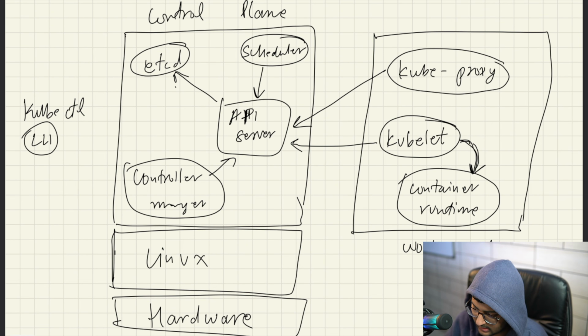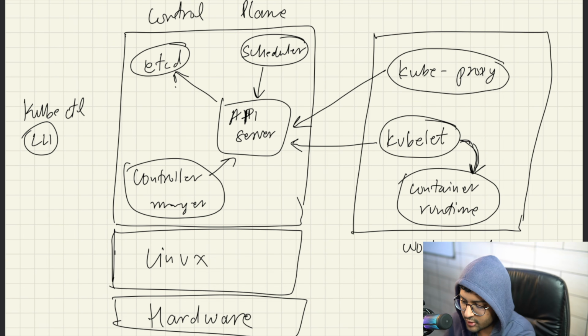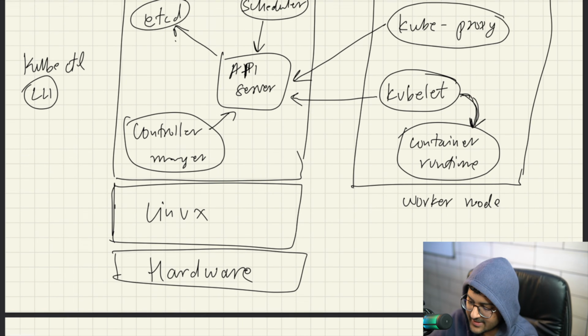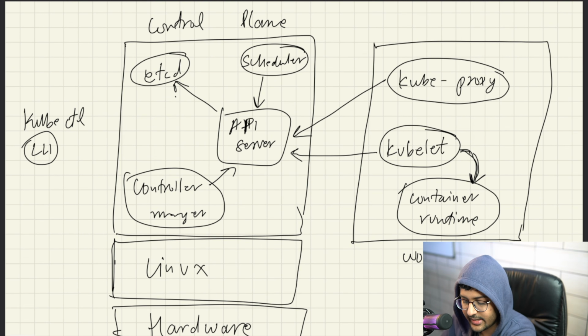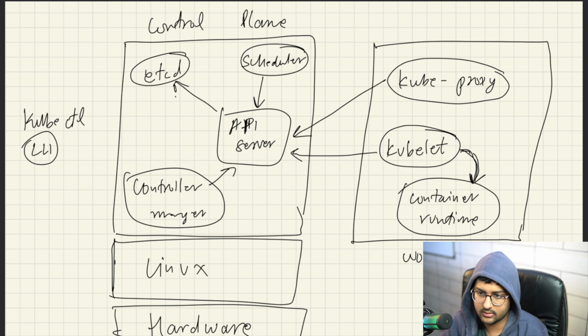Now let's talk about these three things we don't know: the kube proxy, kubelet, and container runtime. All right, let's talk about kubelet. Kubelet is very important. It's on every worker node. Whenever a new worker node is created and attached to the control plane, the kubelet is installed on it. Its job is that it will listen to the API server.